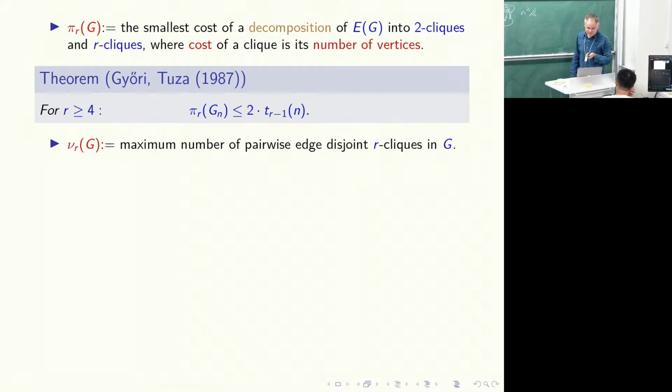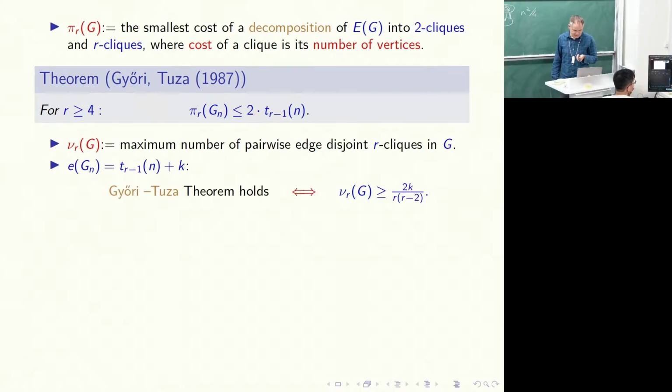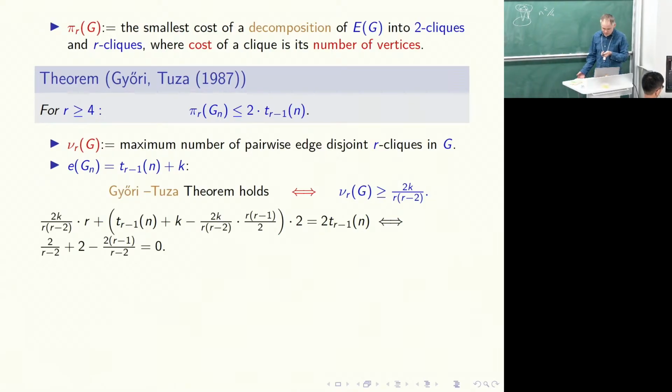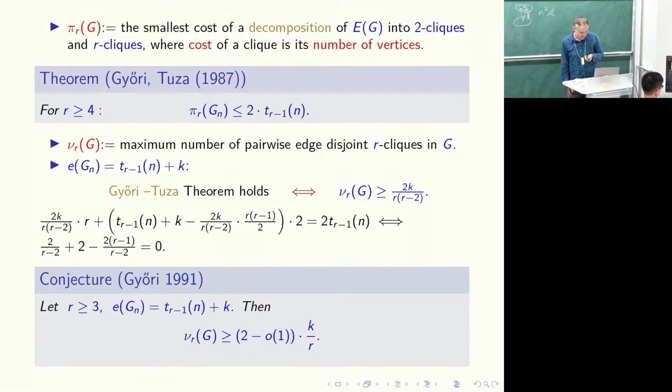So we can introduce a new function measuring it, and the Győri–Pósa theorem can be rephrased this way: if we have k extra edges compared to the Turán graph, then the number of pairwise edge-disjoint K_R's should be at least 2k over R times (R minus 2), and that can be justified by this calculation. I don't want to go through it, just in case somebody wants to check it.